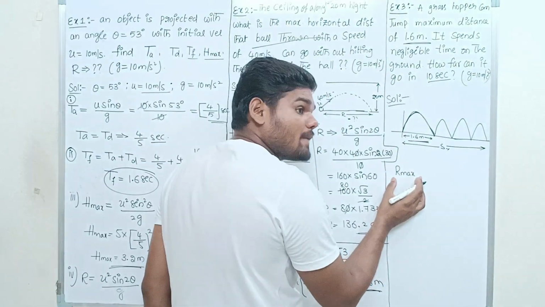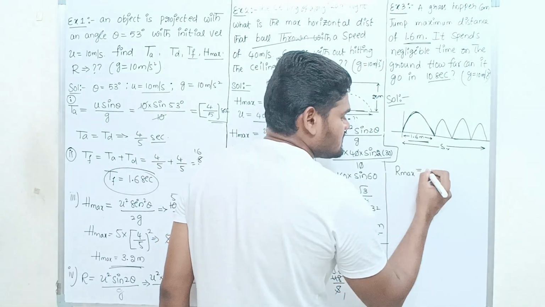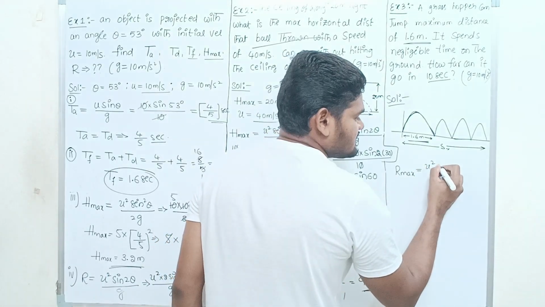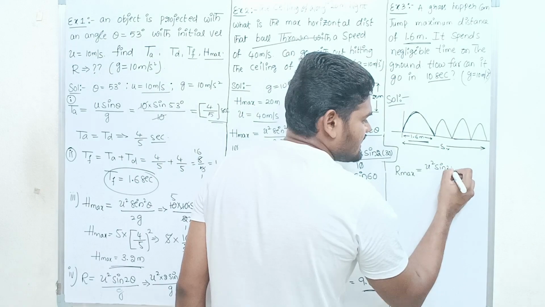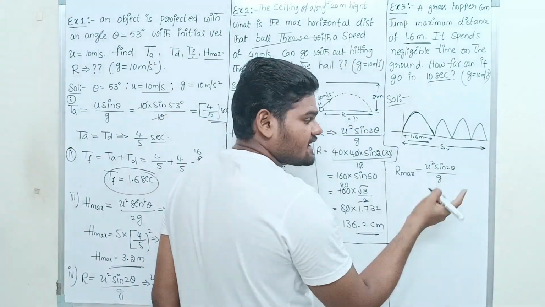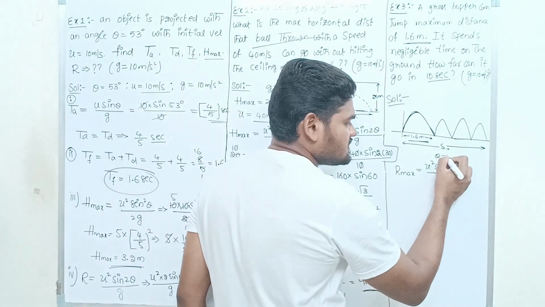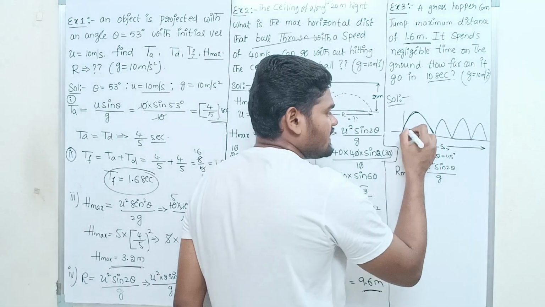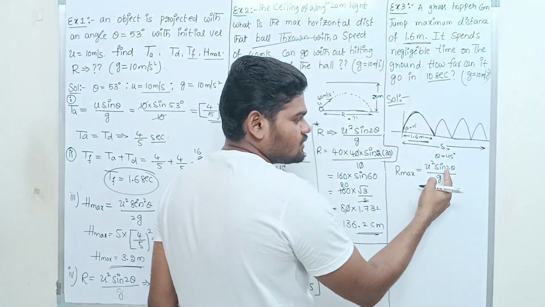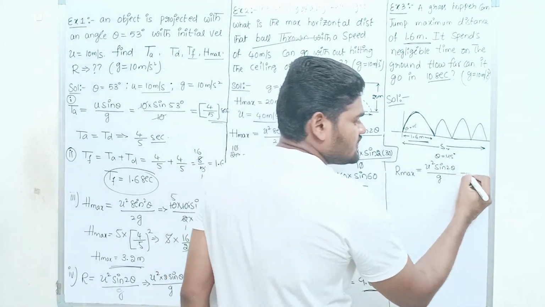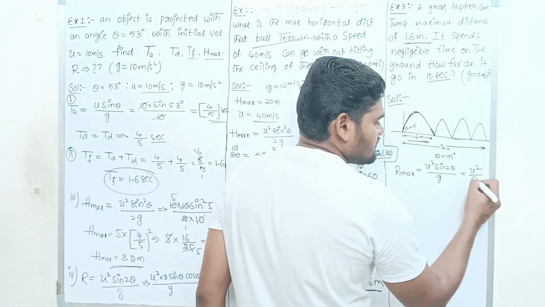That means maximum range is equal to u square sine 2 theta divided by g. Already I told you that when range becomes maximum, theta is equal to 45 degrees. So 2 into 45 is 90, and sine 90 becomes 1. So R maximum is u square by g.